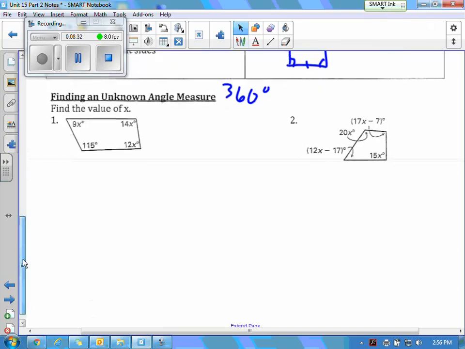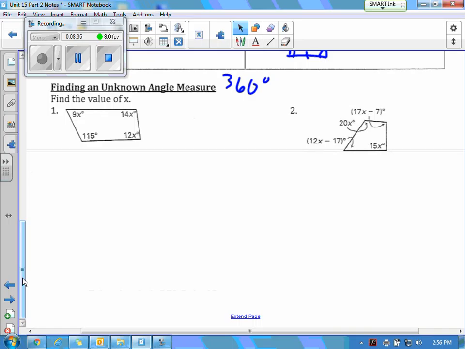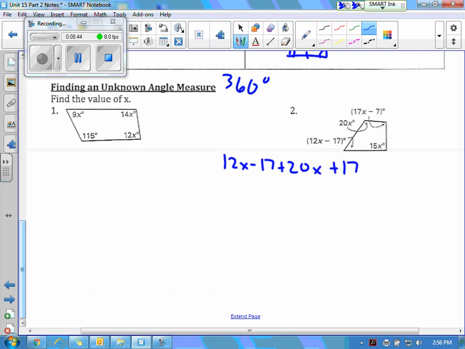But all my angles will add up to 360. So I have 12x minus 17 plus 20x plus 17x minus 17 plus 15x, and all that adds up to 360.